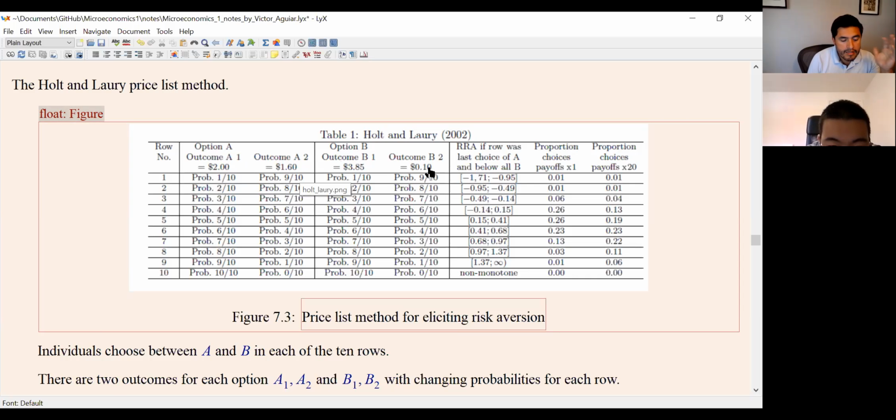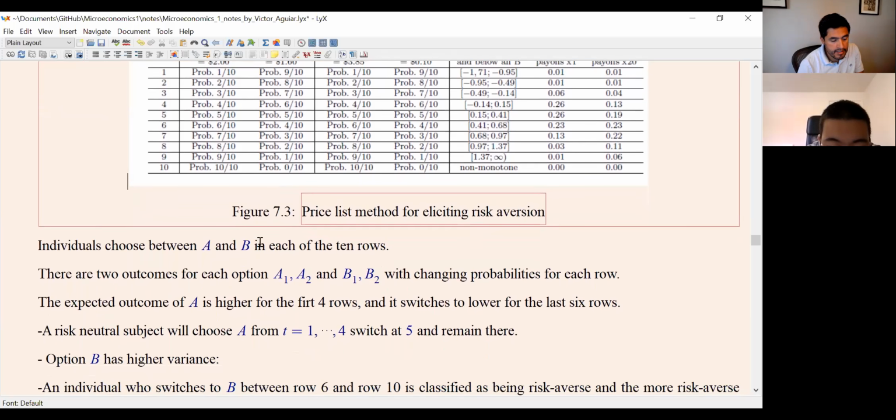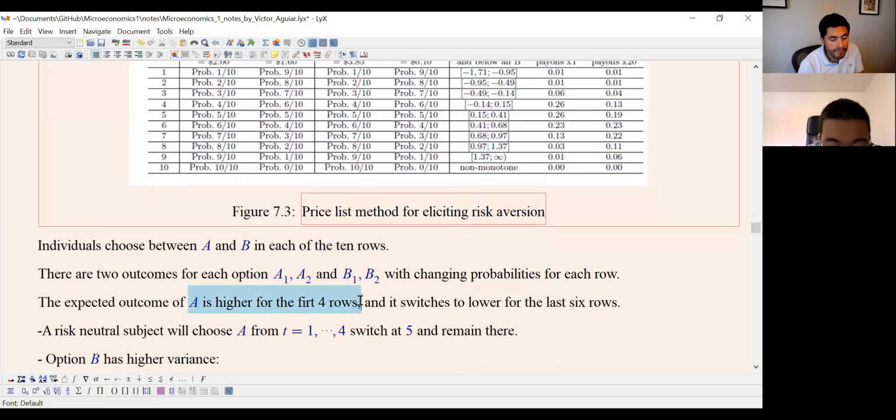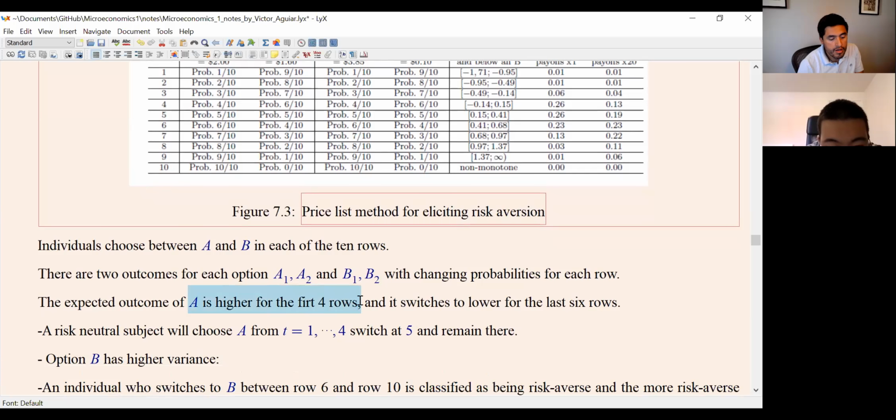The key is that I'm going to put probabilities on each of these states of the world, such that the expected outcome of A, the first column, is higher than that of B for the first four rows, and then it switches to lower than the expectation of column B for the last six rows.